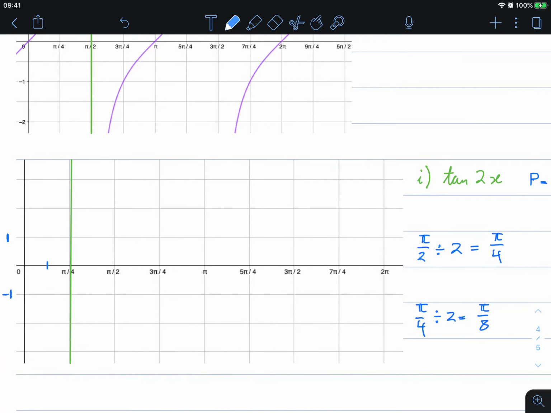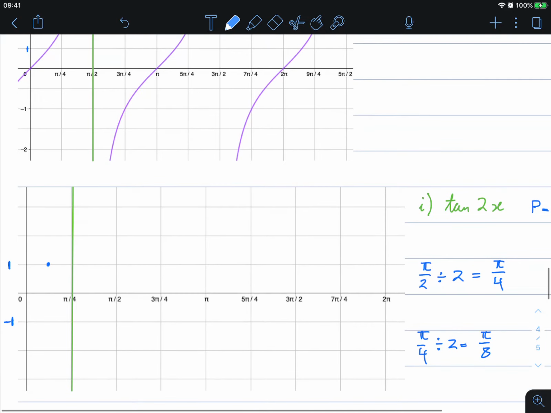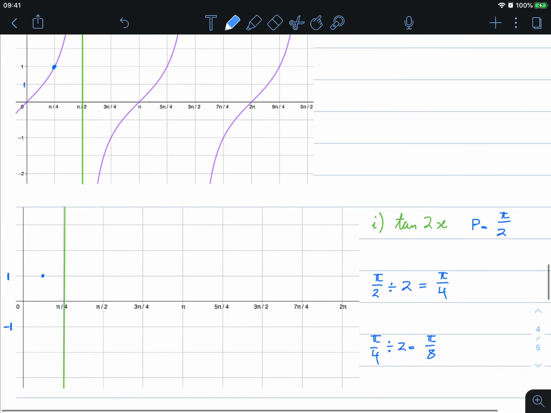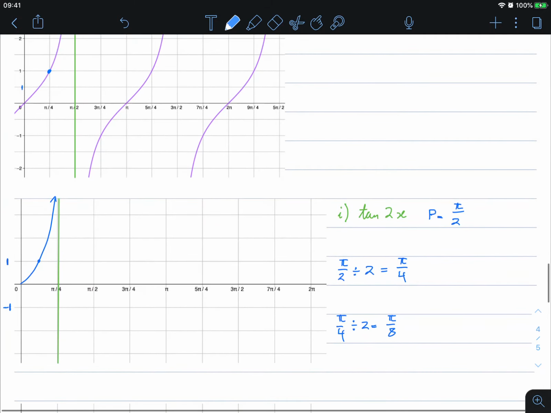So halfway looks approximately here. So that is our 1 value. And much like this curve that goes off to infinity along the asymptote, we're going to do the same. This goes off to infinity.